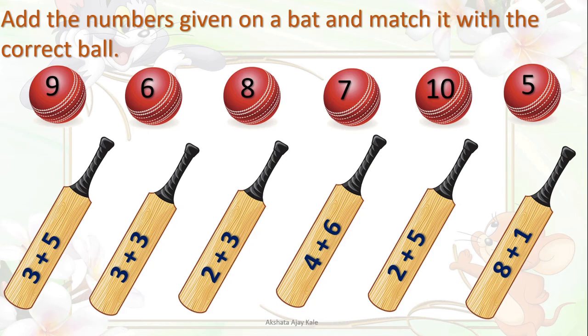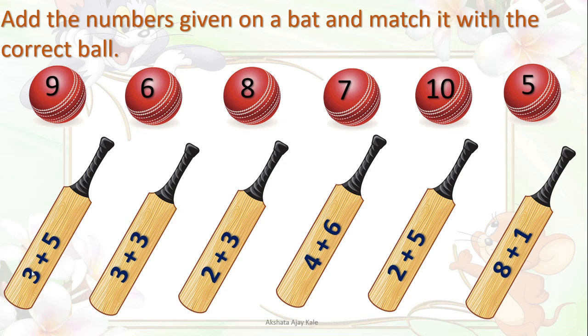We have to add the numbers on these bats and we have to match the answer of these additions with the correct ball which is having that correct number. Okay?